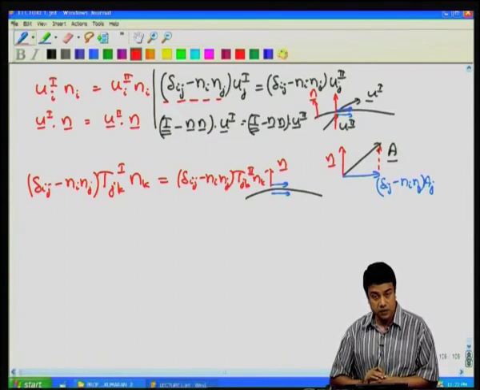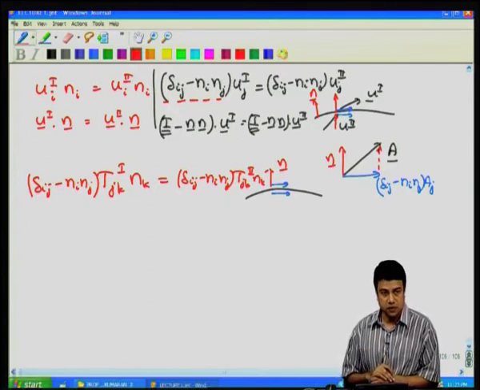For the tangential component of the stress, there is no contribution due to the pressure, because pressure always acts perpendicular to the surface. So, there is no contribution to the pressure due to the tangential component of the stress.